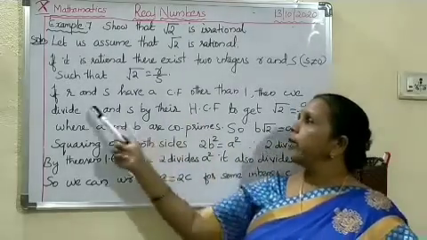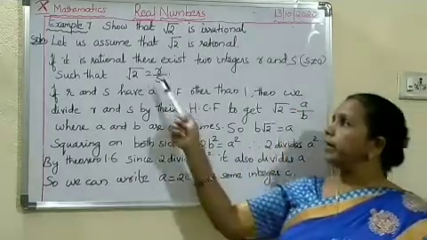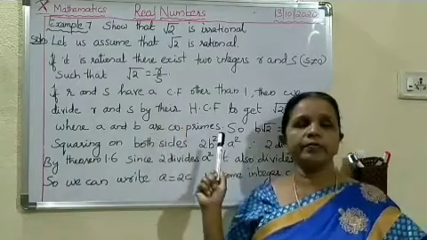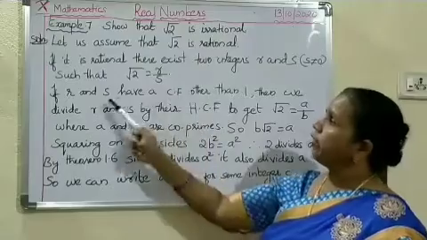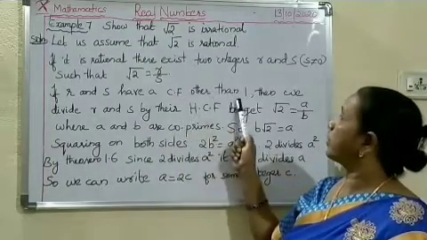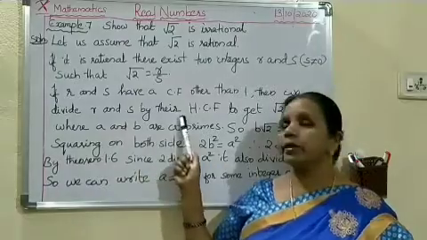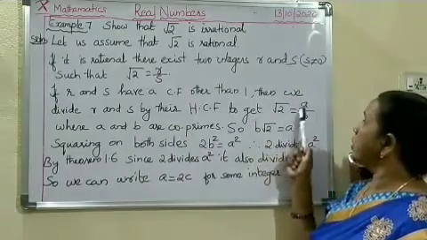Then, if r and s have a common factor other than 1, what do we have to do? We divide r and s by their HCF, the highest common factor, to get root 2 is equal to a by b.